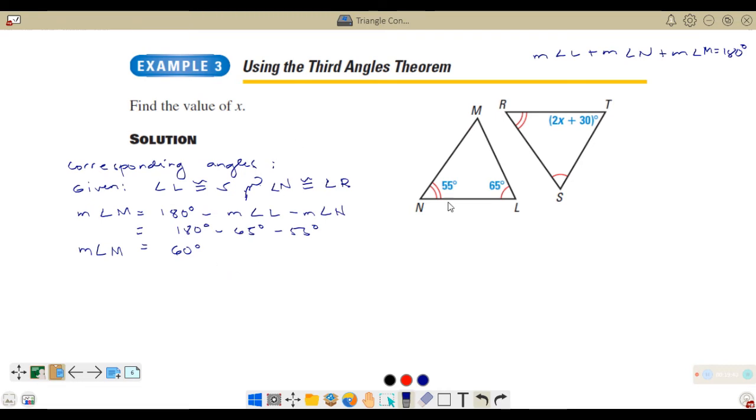So, let's compute. So, since measurement of angle M is congruent to the measurement of angle T. This is because of the third angle theorem.